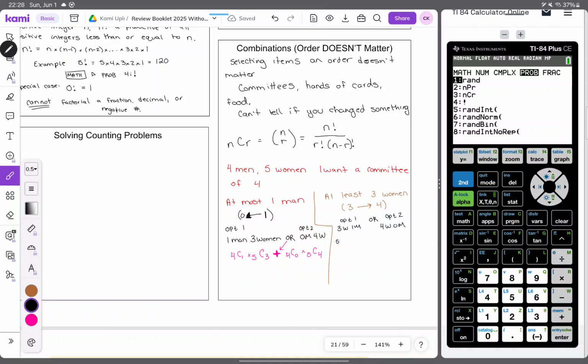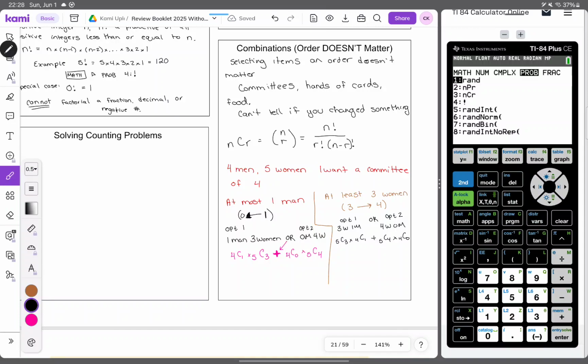So I have 5 choose 3 and 4 choose 1. Or 5 choose 4 and 4 choose 0. So be aware of those at most and at least, because they're going to change our cases. You have to do all of the cases that pick those specific situations.